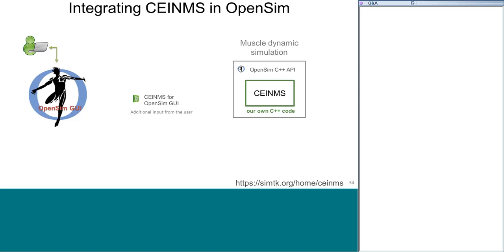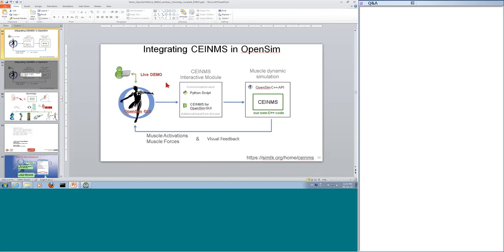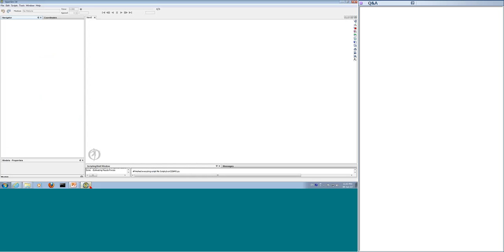Finally, we used the new OpenSim scripting feature introduced with the 3.0 version to create a communication layer between the OpenSim GUI and the other software components. Therefore, the user is able to easily interact with CEINMS and has access to all the results directly from the OpenSim GUI. Now, I'm going to show the results of this integration with a brief live demonstration.